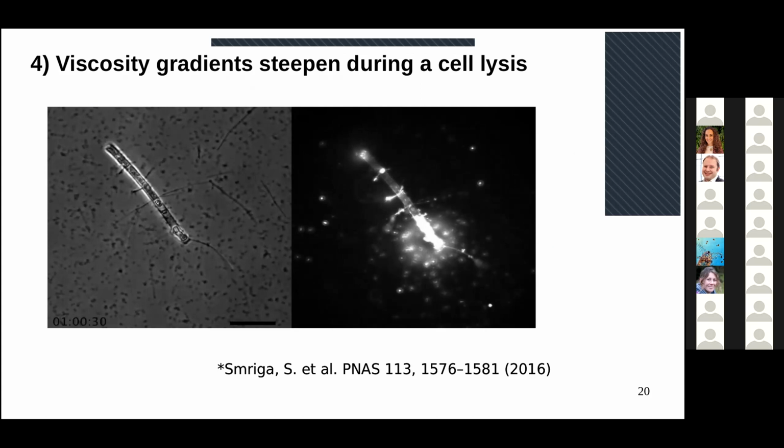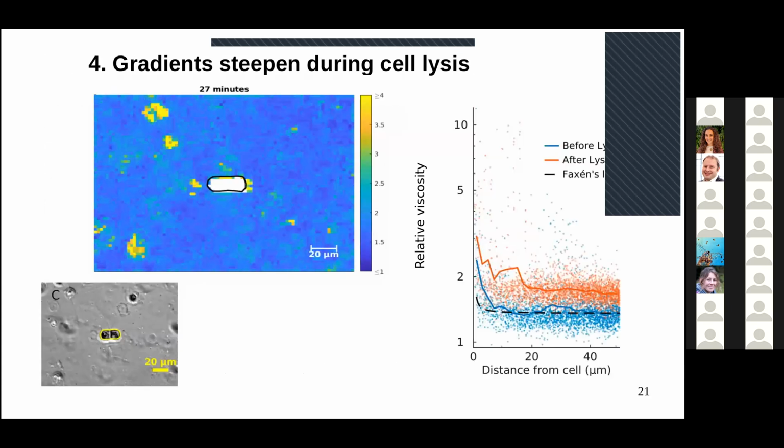So our expectation was that as they release all these chemoattractants, they are also releasing a lot of the cytoplasm, which is viscous and way more viscous than water in any way. So we replicated the same procedures, and this is the result.